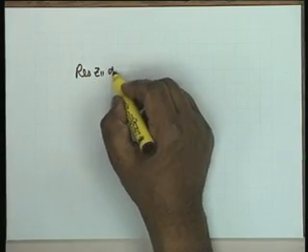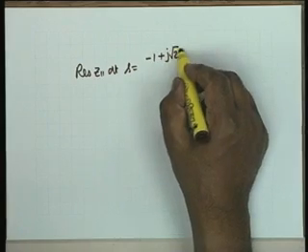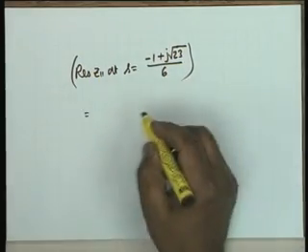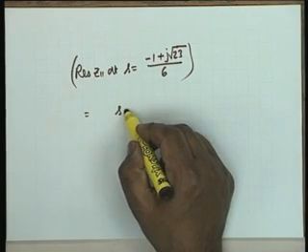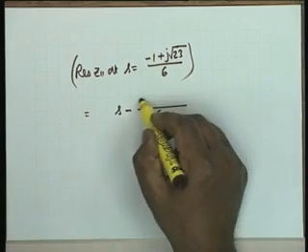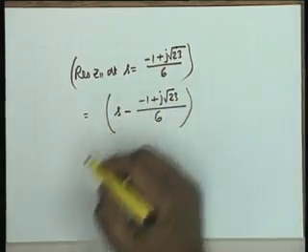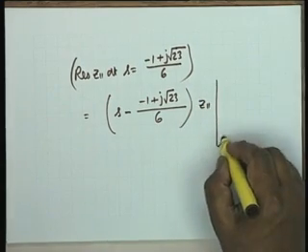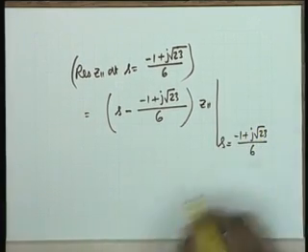Residue of Z11 at S equal to minus 1 plus j root 23 divided by 6. This would be S minus 1 plus j root 23 divided by 6, multiplied by Z11 at S equal to minus 1 plus j root 23 divided by 6.